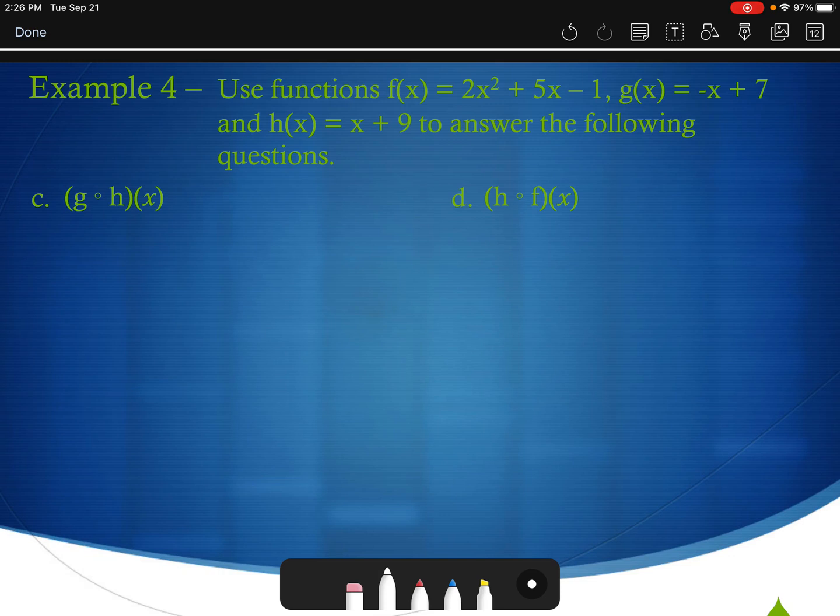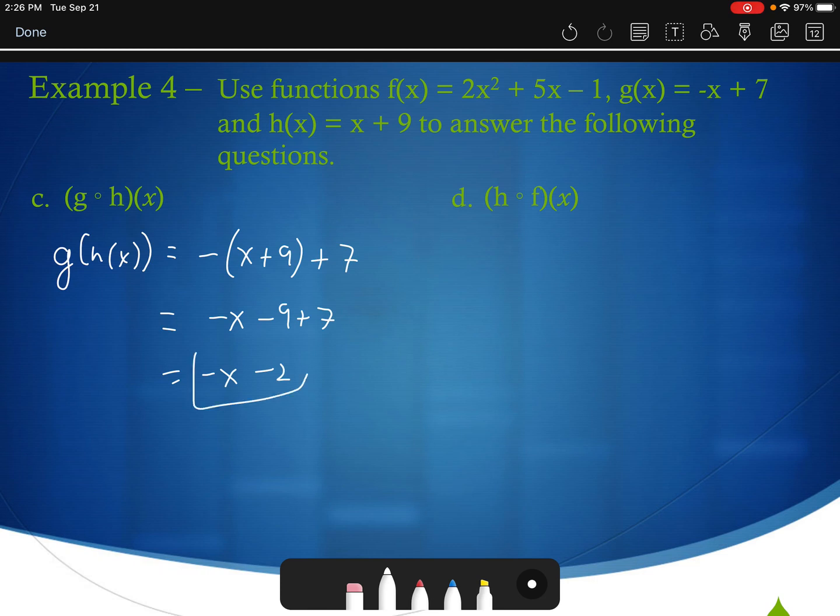Okay, how about g of h? So h goes into g. I like to write it like that. So x plus 9 is going into our x in g. So negative x minus 9 plus 7 would be negative x minus 2.